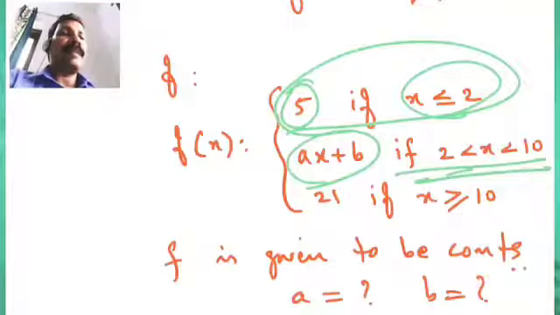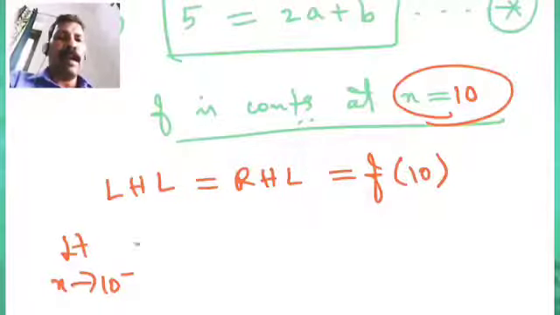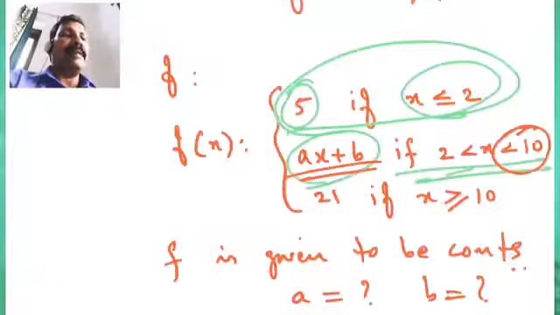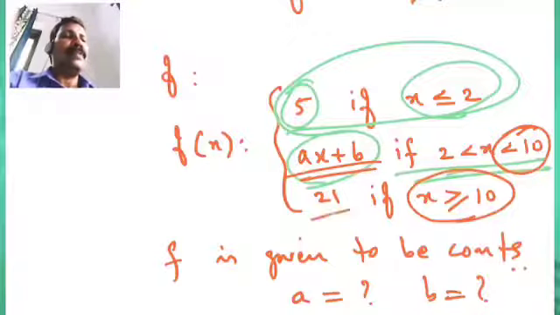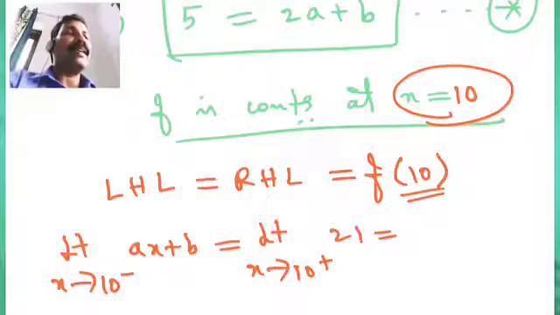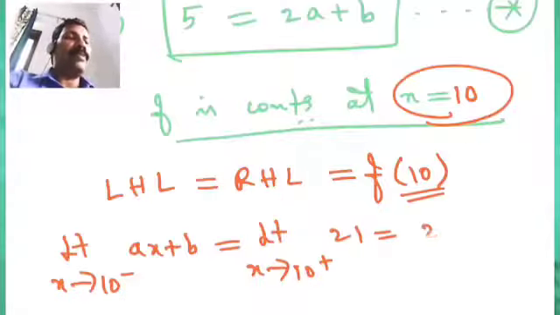What is f of x then? When x is less than 10, it falls here, so that is ax plus b. And the right hand limit means x tends to 10 plus, greater than 10. When x is greater than 10, you can see that is 21, so you can have 21, and f of 10, when x equal to 10, again the value is 21.